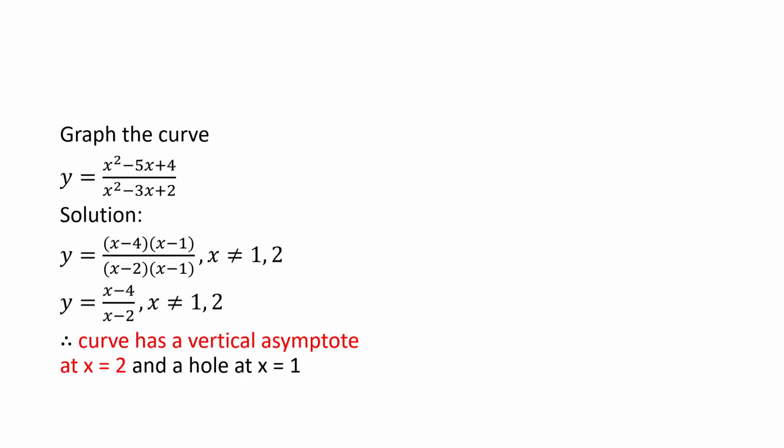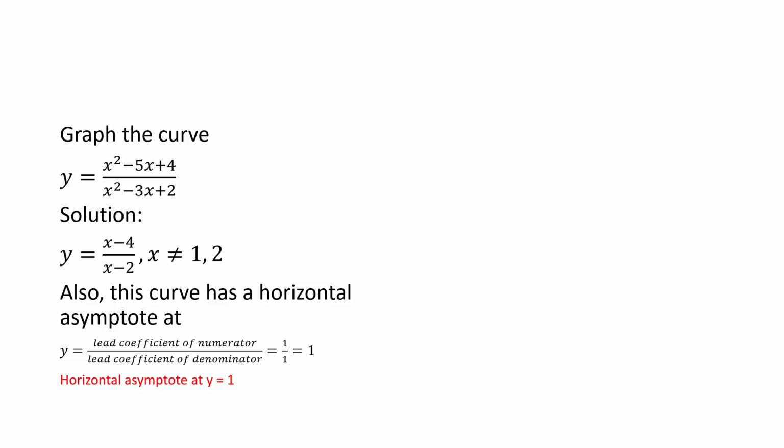So we do our factoring like we showed you there. We cross out our x minus 1s, and we see that y is x minus 4 over x minus 2, so long as x doesn't equal 1 or 2. Now at x equals 2, there's a vertical asymptote because we set the denominator equal to 0, and after crossing out, the x minus 2 was still there. At x equals 1, we've got a hole because of the fact that it crossed out.